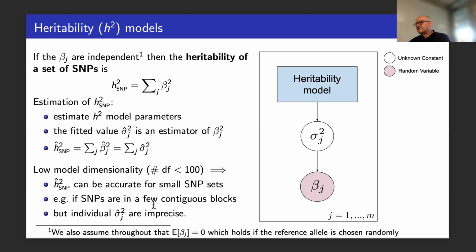The estimate of the heritability for a single SNP is still going to be pretty useless for all those same reasons that I said at the start. But your estimate over sets of SNPs can be pretty good, provided that the LD effects don't mess things up too much. That basically means we need the SNPs to be in contiguous blocks without too many boundary effects.